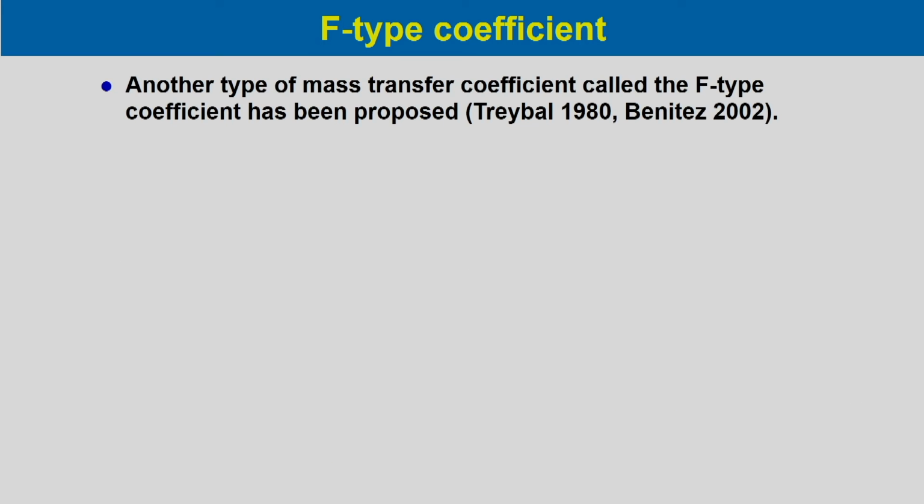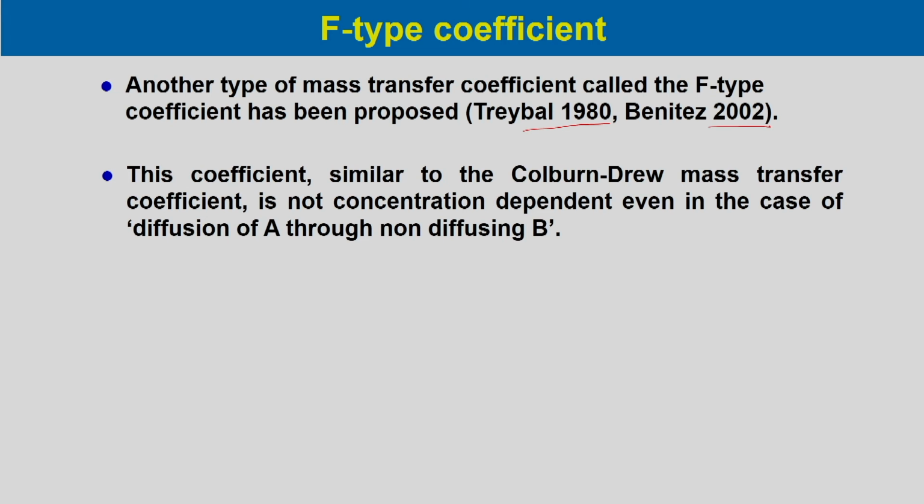Now, there is another type of mass transfer coefficient which is called the F type coefficient, proposed by Treybal in 1980 and then Benitez in 2002. This is the F type mass transfer coefficient.